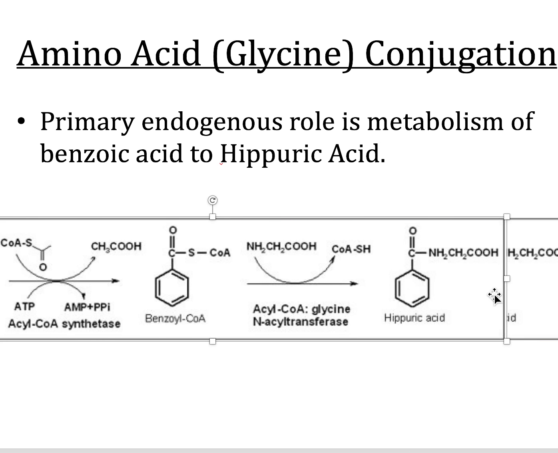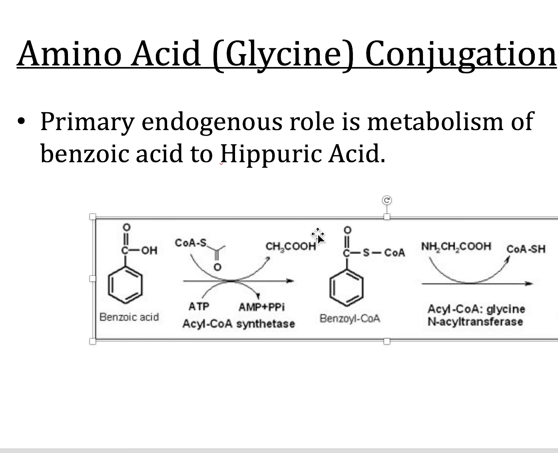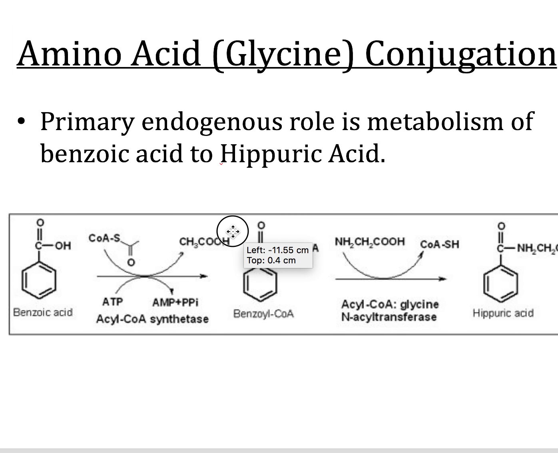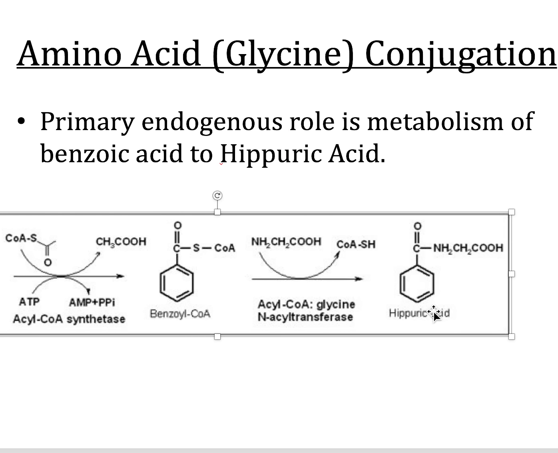So from there to there. So if you start off here, and as you move along, you've got ATP through here and into the benzoyl CoA and into the hippuric acid.